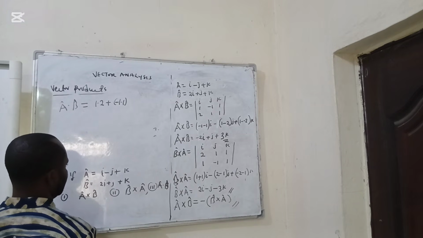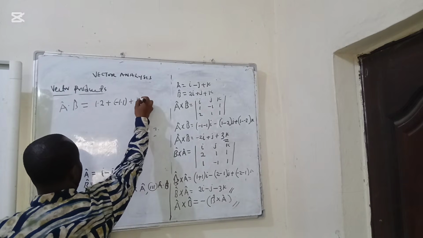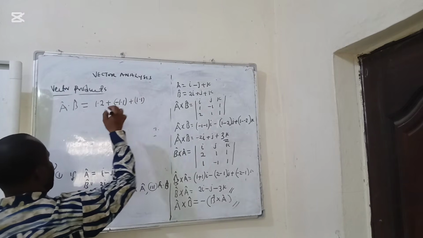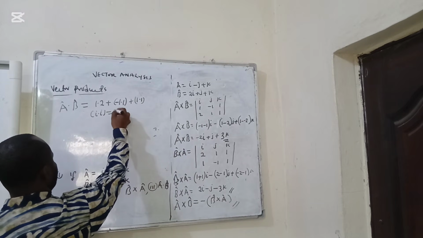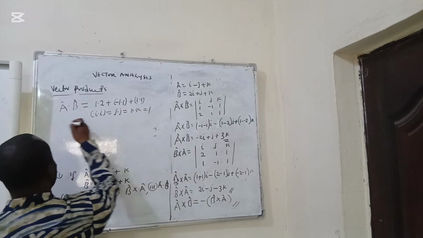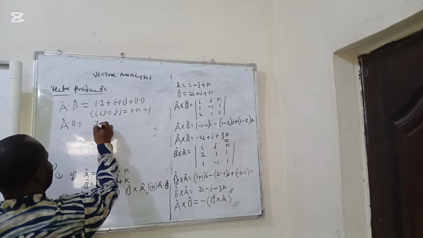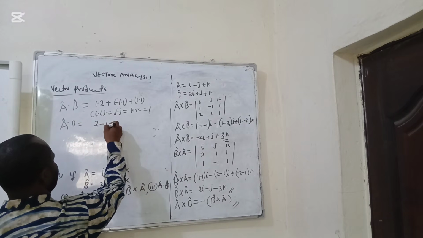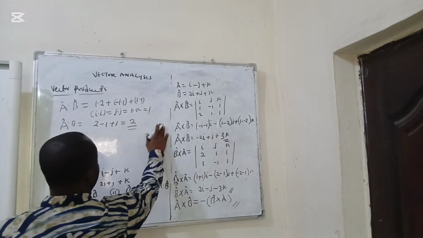Also this times this, we have 1 dot 1. Remember that i dot i equals j dot j equals k dot k, so 1. So finally A dot B is 2 minus 1 plus 1. The answer is 2.